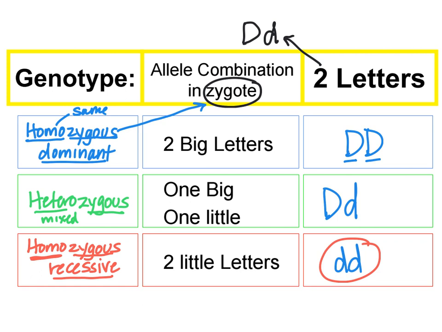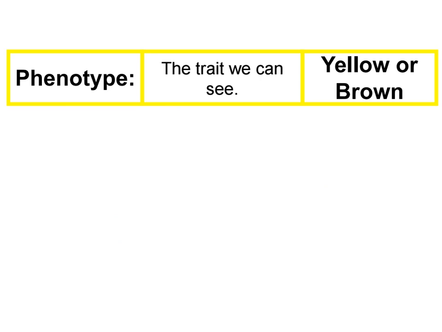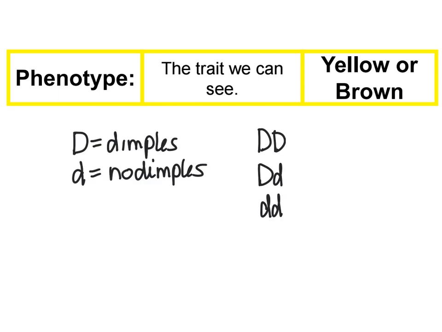Genotype is not something that we can see by looking at an organism because it's actually in its DNA, and as you know, we can't see the DNA. But the trait that we can see is called the phenotype, and it depends on what the genotypes actually are. In the case of dimples, if a big D is present in the genotype, it will shut down the little d. So big D, big D will result in a child that has dimples.